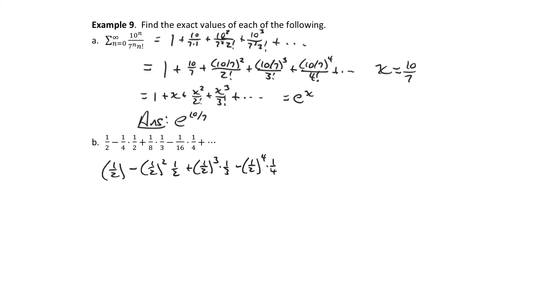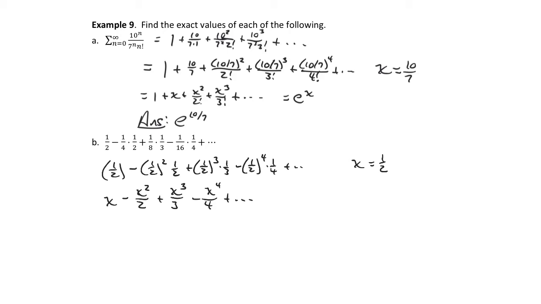And the exponents are matching the denominators. It seems to me that it would be natural to let x be 1/2 and simplify it. And that would give us x minus x squared over 2 plus x cubed over 3 minus x to the 4th over 4, and so on.